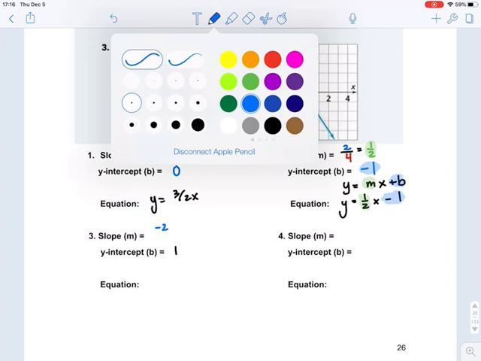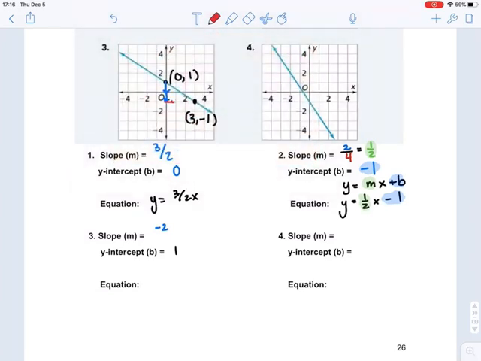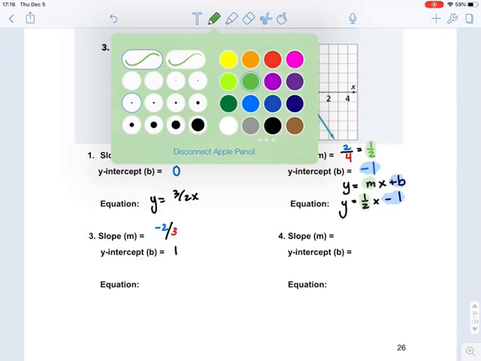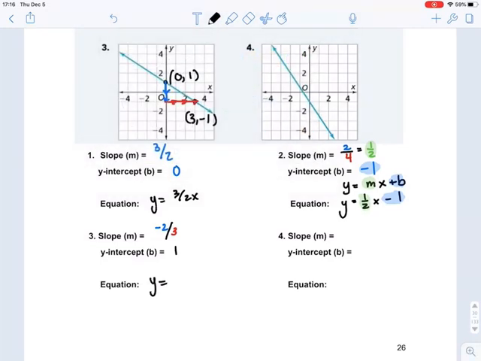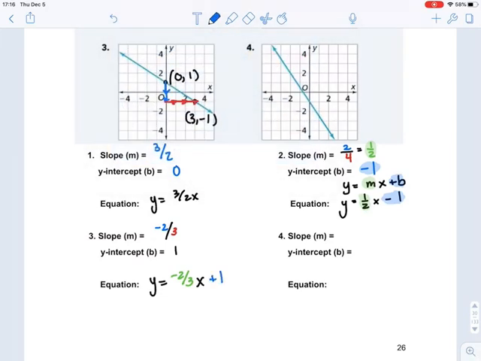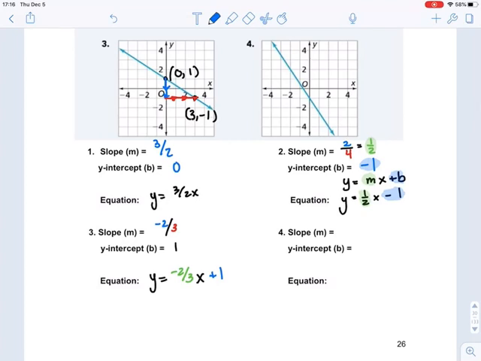Slope is -2 over my run, which is 1, 2, 3. So -2 over 3. That's my slope. Okay. So my equation should be y equals my slope -2 over 3 variable x and a y-intercept of +1.